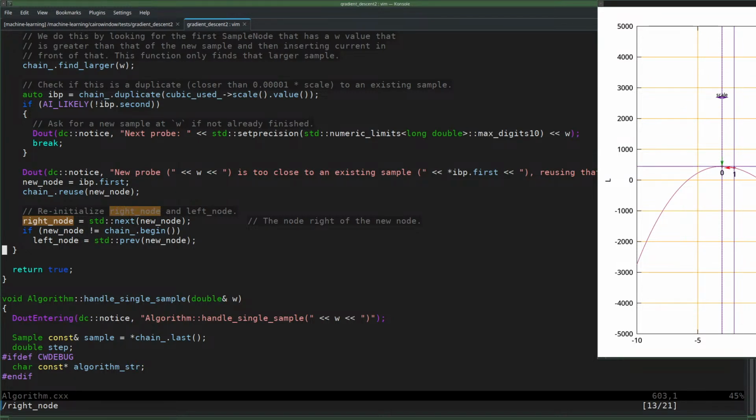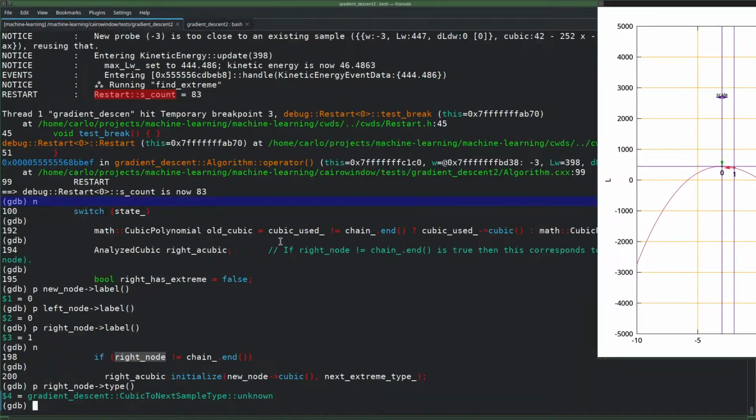Okay, actually that still holds. Yep. So I reinitialize the analyze.